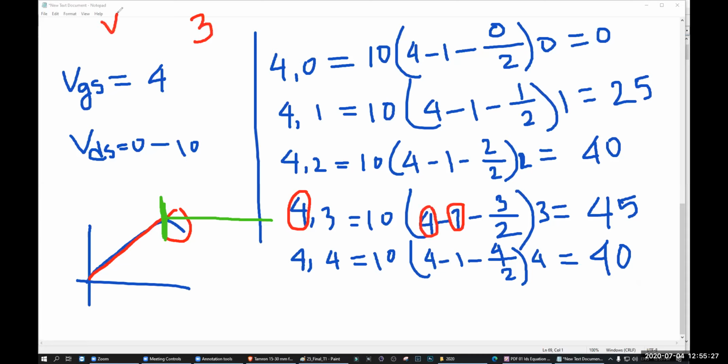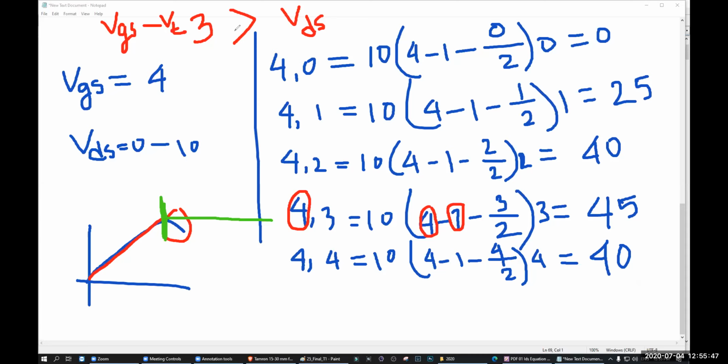This is VGS minus VT, right? It is greater than VDS, okay?